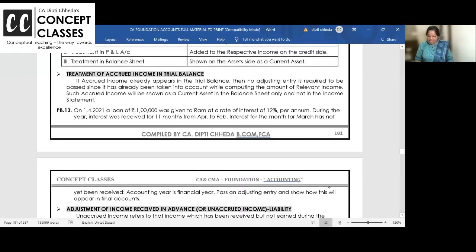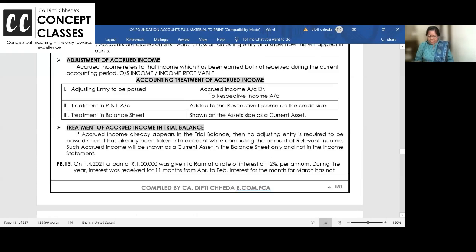Chalo, let's do it together. Look at this. Accrued income refers to income which is already earned but not received. It is also called outstanding income or income receivable. Accrued income goes to the respective income: income on the credit side and current assets on the debit side.